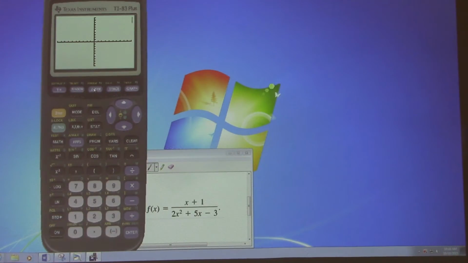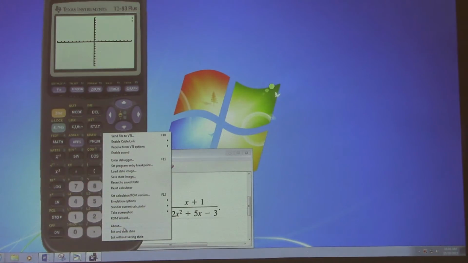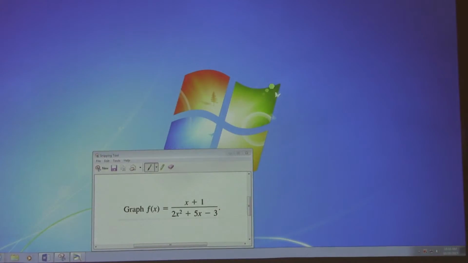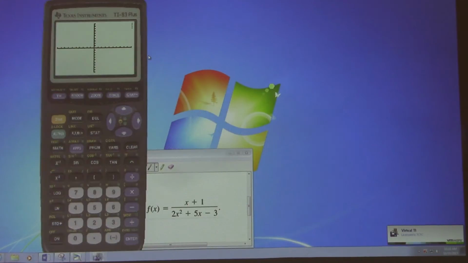Well, I thought I hit zoom standard. It's doing something. I don't know what it's doing. Hold on. Mine is caught in a loop right now. Let me do it over. I'm sorry.